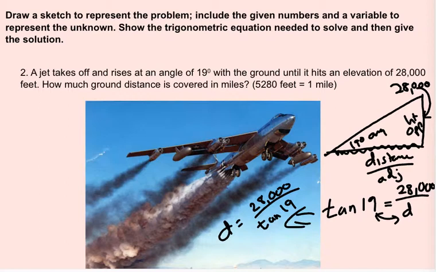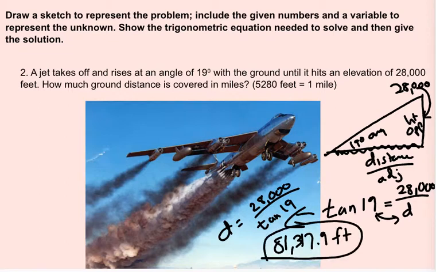So take 28,000 divided by that answer, and you get 81,317.9 feet. But realize, this is in feet. So I've got to divide that by 5,280, forgive me, so I get 15.4. That's going to be my answer.